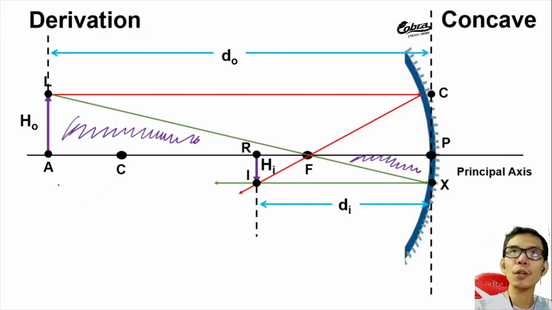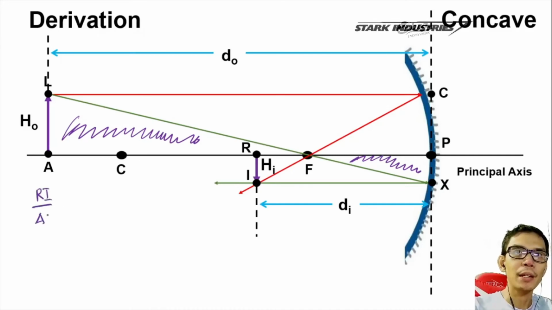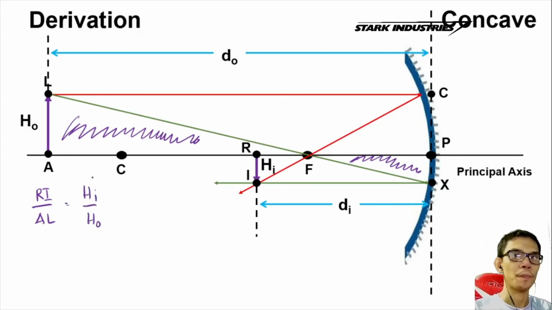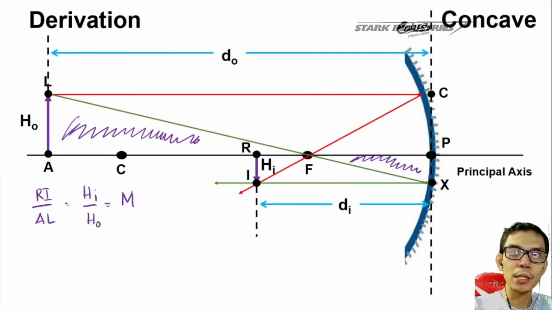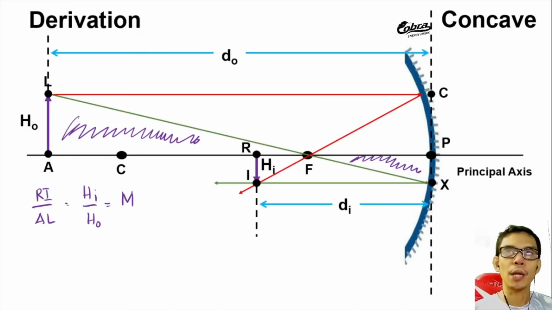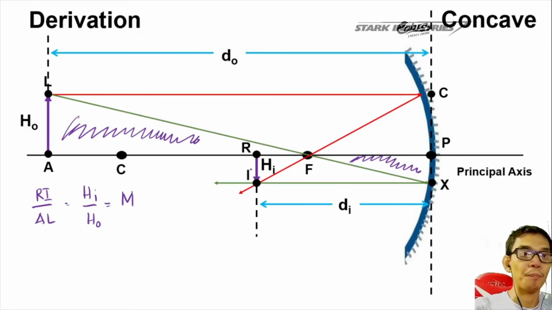If you take a closer look, you will see that Ri and Ro are in ratio with each other. So therefore, we can have Hi over Ho. We can use this as part of the magnification equation. Now, as you can see here, your image is inverted.